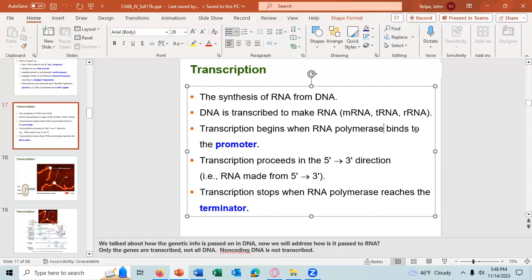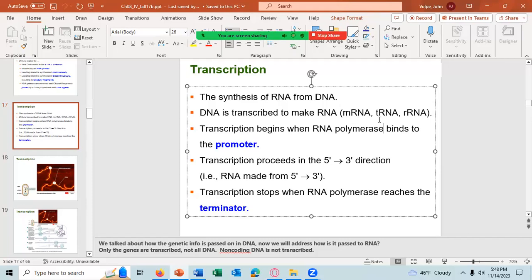There's no difference between the RNA. Did I say that right? There's no difference between the RNA of messenger RNA, tRNA, and rRNA other than the sequence of the nucleotides. If the gene is being coded as messenger RNA, it's only the sequence of those RNA that determines that's a messenger RNA.